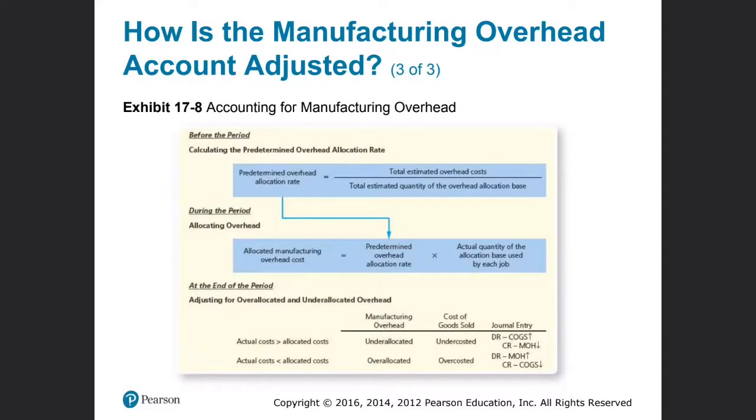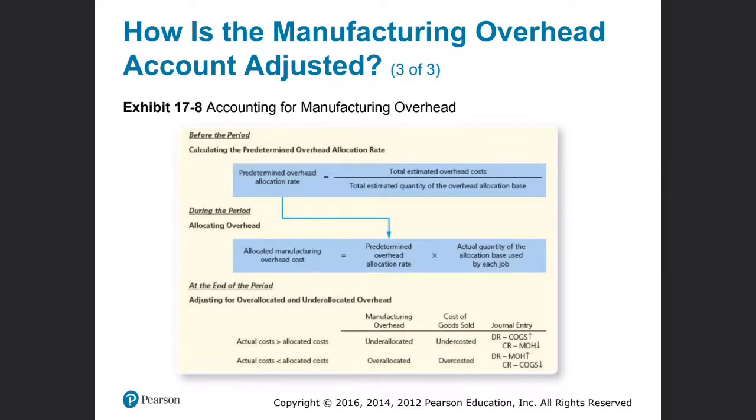This is showing how we account for manufacturing overhead. Before the period, we are predetermining what we think our overhead is going to be. So we're calculating the predetermined overhead allocation rate based on prior information.